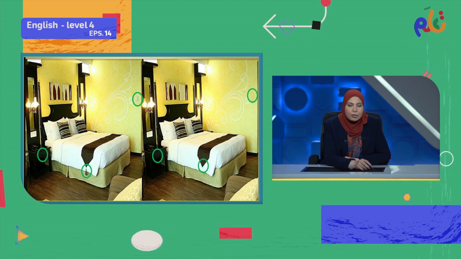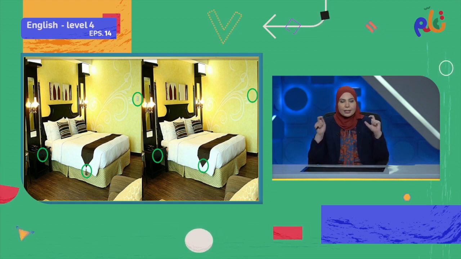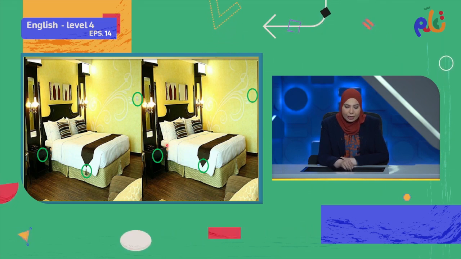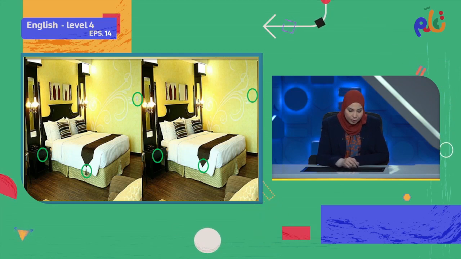So let's try to phrase it together. Let's try to say it. So in the first picture, the drawer has a knob, or there is a knob in the drawer, but in the second picture, there isn't, or in the second picture, the drawer doesn't have a knob.